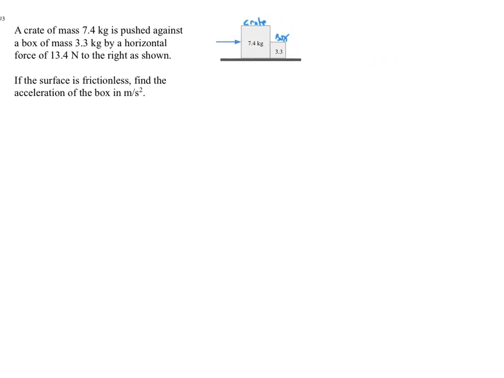Push this off to the side. So let's do some free body diagrams. For the crate, I have some weight downward, which we'll call FGC, and some normal force, which I'll call FNC.